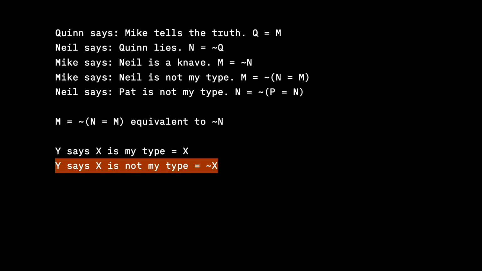It's really, really useful. And similarly, in our case, when we had somebody Y saying X is not my type, that straight away gives us the information that not X, okay? So let's use that idea really quickly to solve this puzzle.